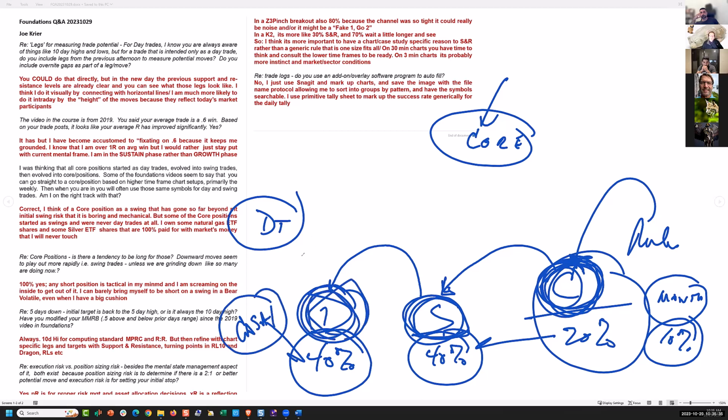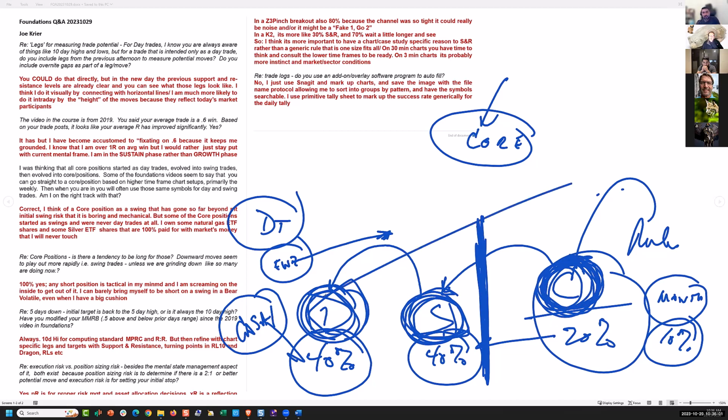Now, there are some things that I trade as day trades, like EWZ, Brazil, that if that trade is really working well, I'll hold it as a swing trade. And I might hold it as a core position if the core system tells me to.